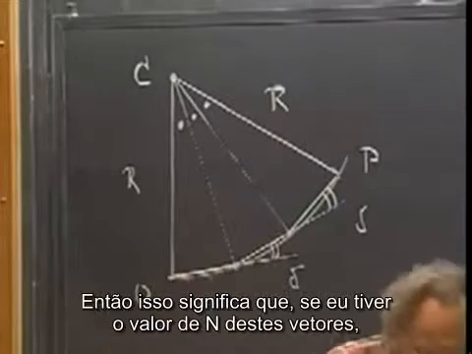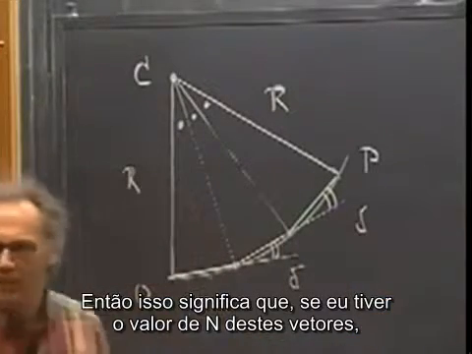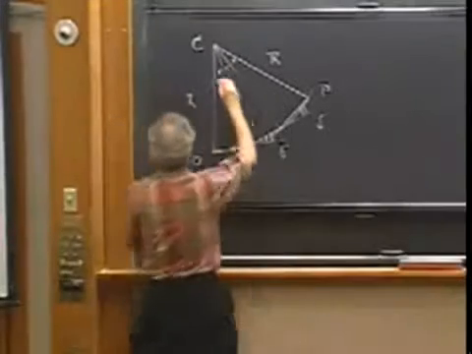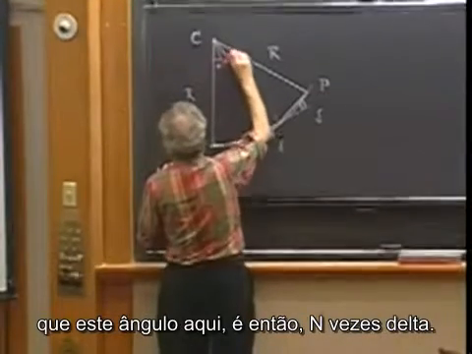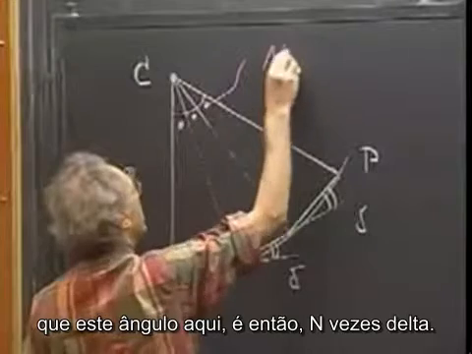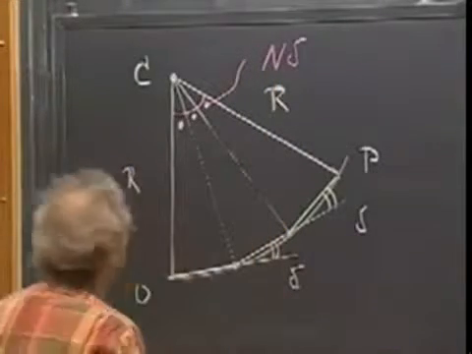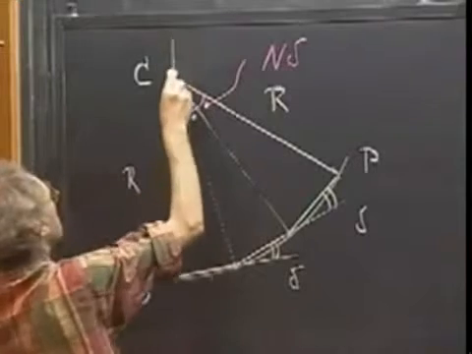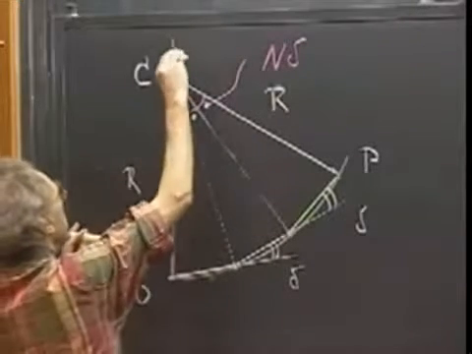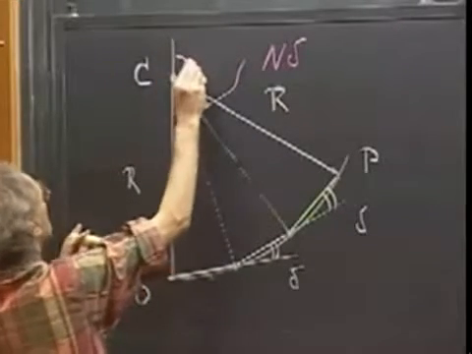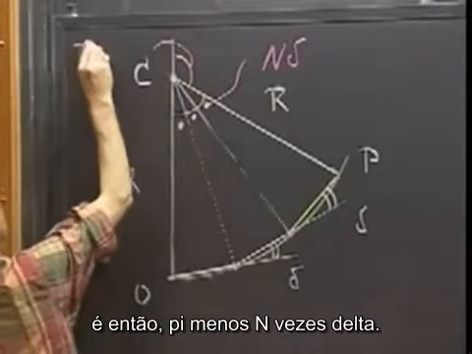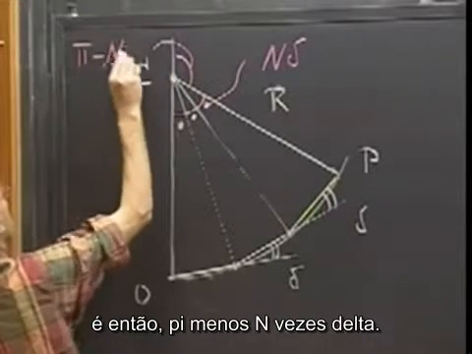So that means if I have capital N of these vectors, this angle here is then N times delta. And that means that this angle here is then pi minus N times delta.